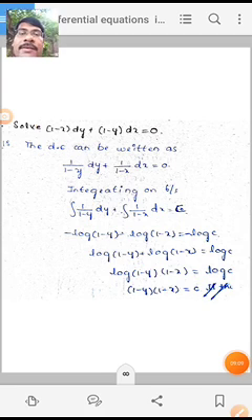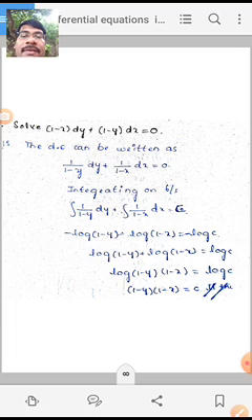Here we have to see one application. Solve (1 minus x) dy plus (1 minus y) dx is equal to 0. The differential equation can be written in the form 1 by (1 minus y) dy plus 1 by (1 minus x) dx is equal to 0. Integrating on both sides, integration of 1 by (1 minus y) dy plus 1 by (1 minus x) dx is equal to c. Minus log(1 minus y) minus log(1 minus x) is equal to minus log c, where c is the constant.